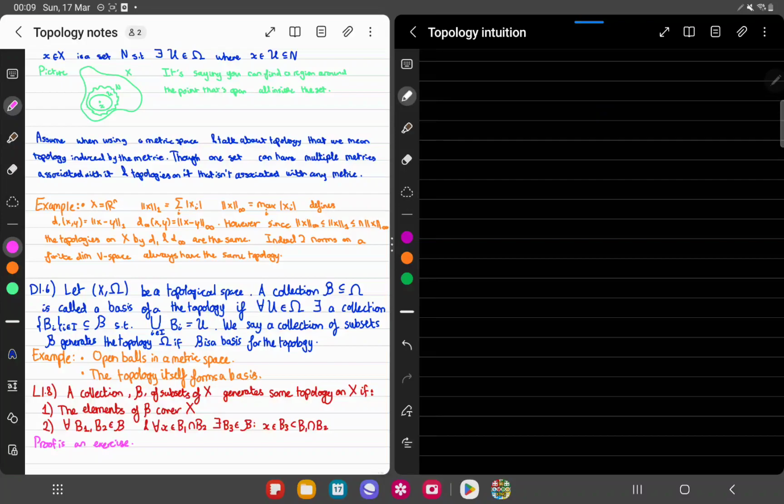There's this nice idea that if you define balls using this, you could trap a ball using a one norm inside of a ball using an infinity norm, and a ball using an infinity norm inside a ball using a one norm. So here's maybe my infinity norm ball, and that's a one norm ball that I can use, and then I can fit another infinity norm ball inside of it.